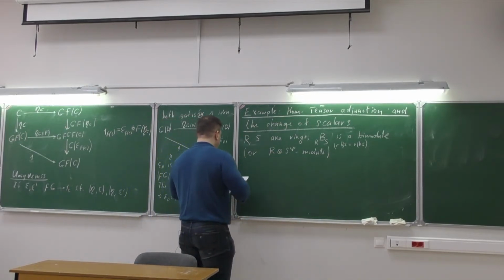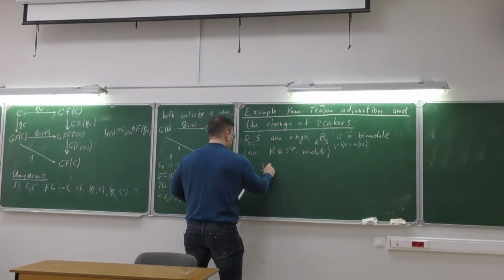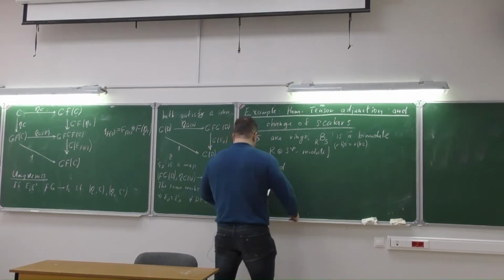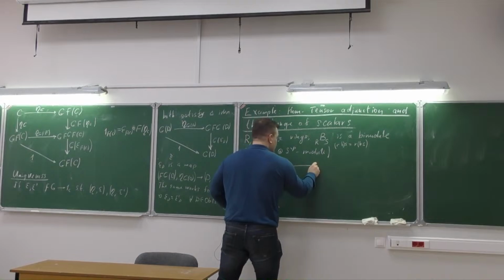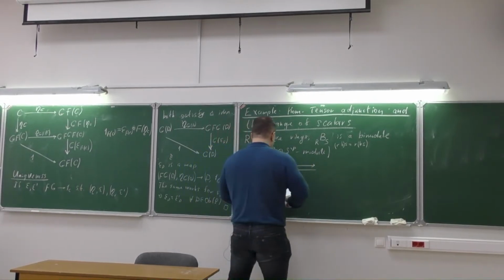So then we have an adjunction. We have the category of S modules, left modules in this case. There is of course a version for right modules without much changes, so let's consider left modules.